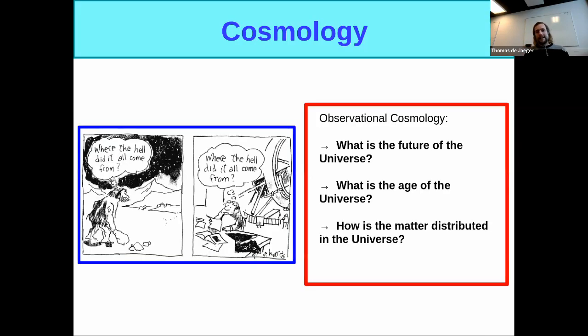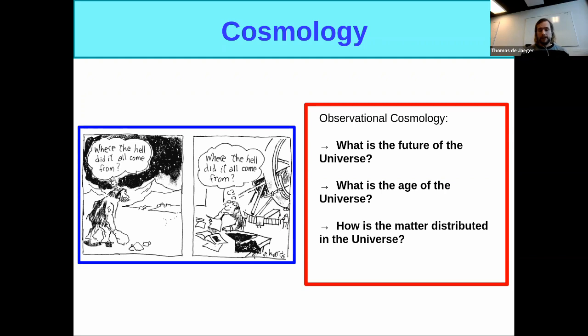As I said, my talk will be on cosmology. In cosmology, we are interested in some of the greatest questions in astronomy. For example, we want to know what is the future of the universe. Using supernovae, you can study the nature of dark energy, and you can put some constraints on the universe's evolution. You can also measure the age of the universe, so you can measure the expansion rate of the universe using Type IIs.